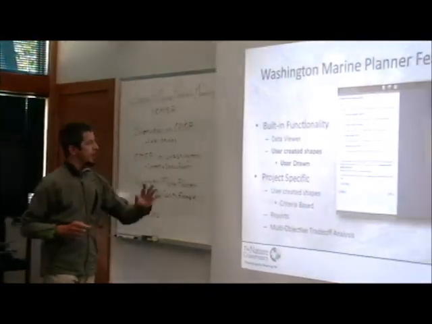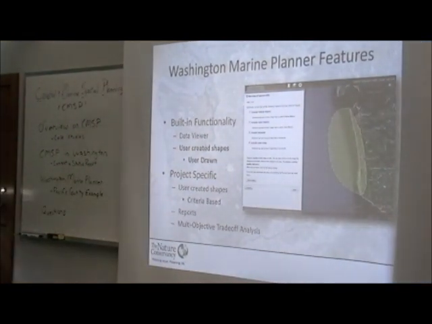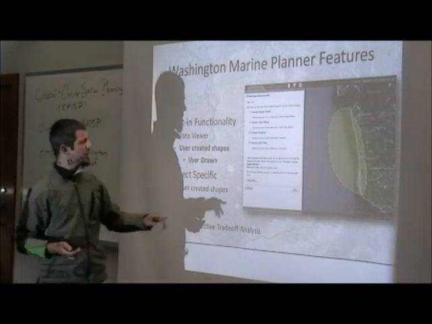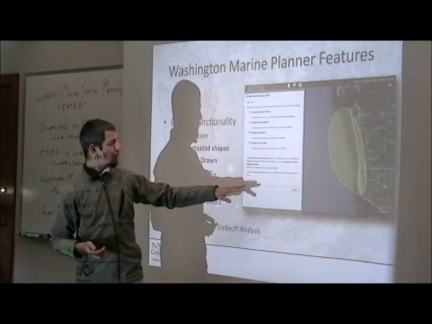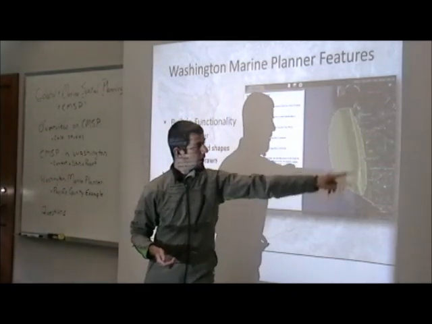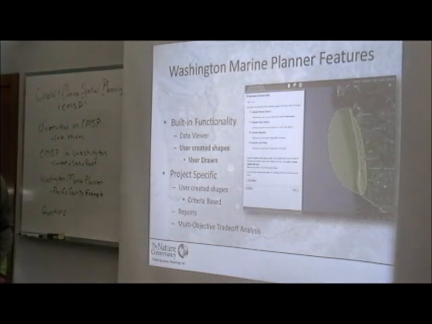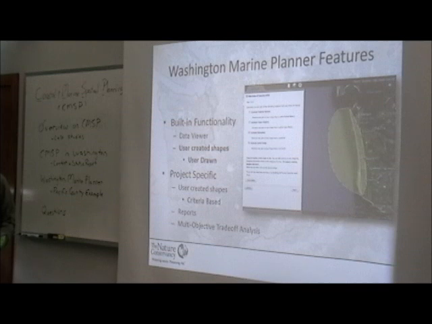This is an example of this user-drawn shape. You'll hear me refer to it as a site design or an area of interest. So essentially, in the tool there is functionality where a user can outline an area of interest that may correspond to a place that they recreate on, or maybe they harvest crab, or they're out fishing, or wherever.